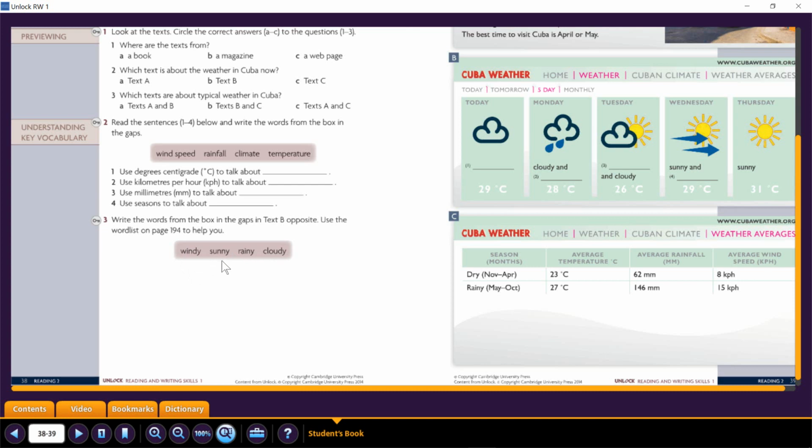Sunny is an adjective, and the noun is sun. Rainy is an adjective, the noun is rain. Cloudy is an adjective, and the noun is cloud.